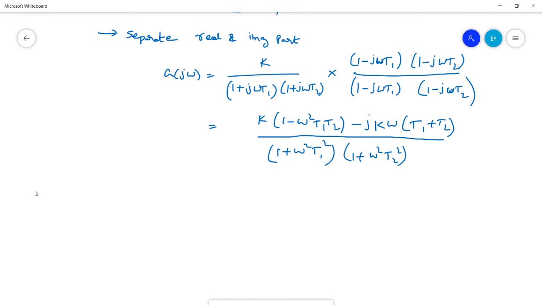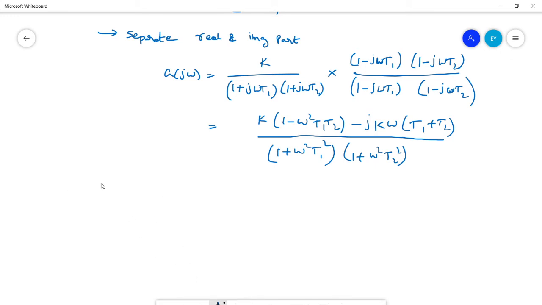Now the next step is to find the intersection with the imaginary axis. To find the intersection point on the imaginary axis, the real part of G of j omega should be 0.